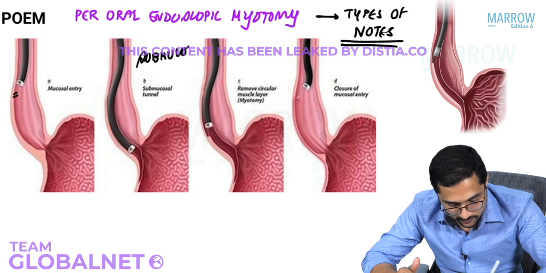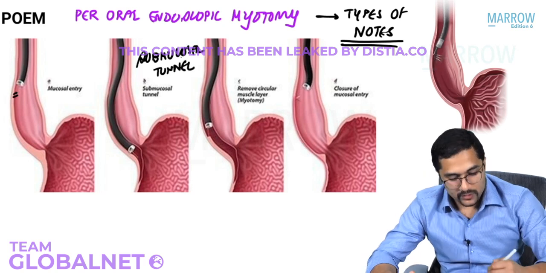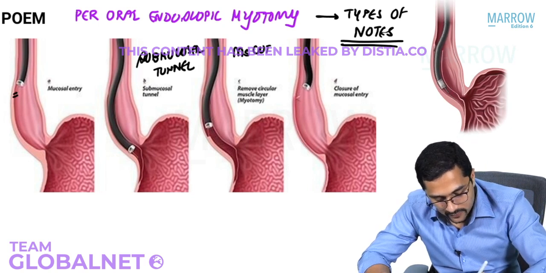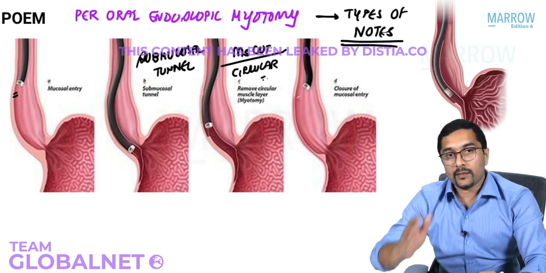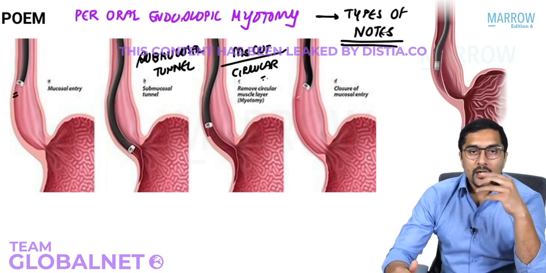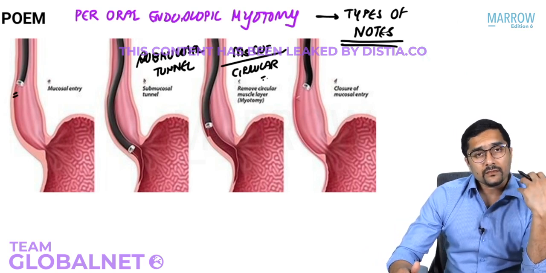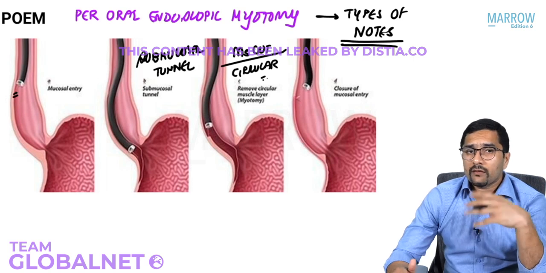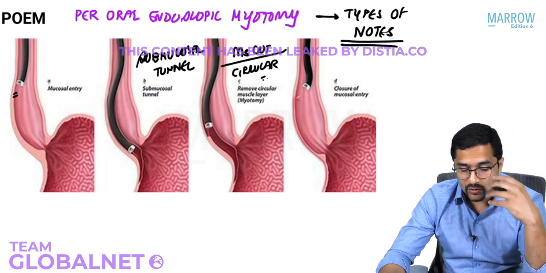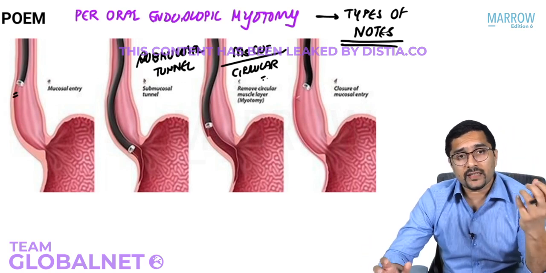Then the circular muscle is cut, and then we suture the mucosa. So without any scar over the abdomen, we have carried out a myotomy, and that is known as POEM. This is a minimally invasive technique.